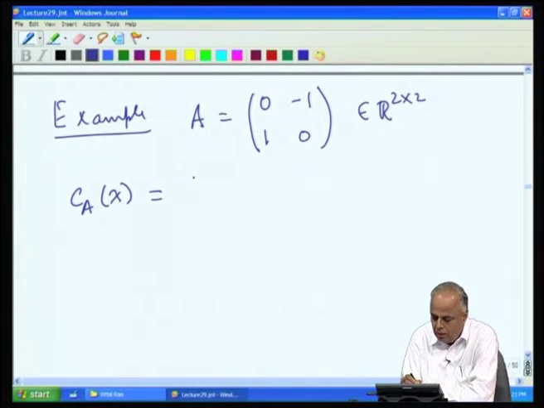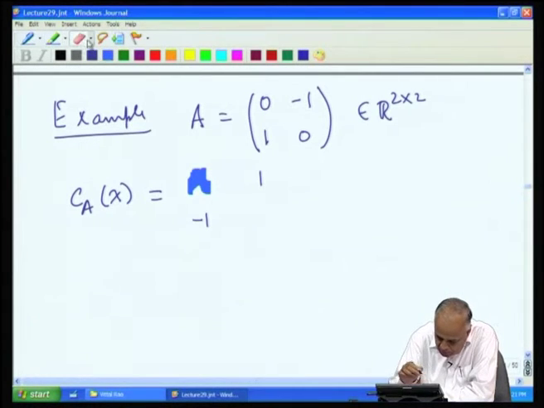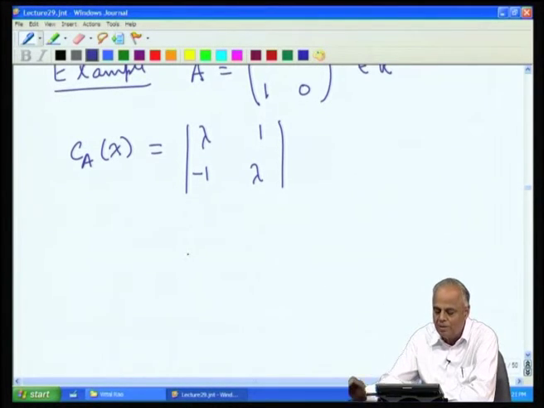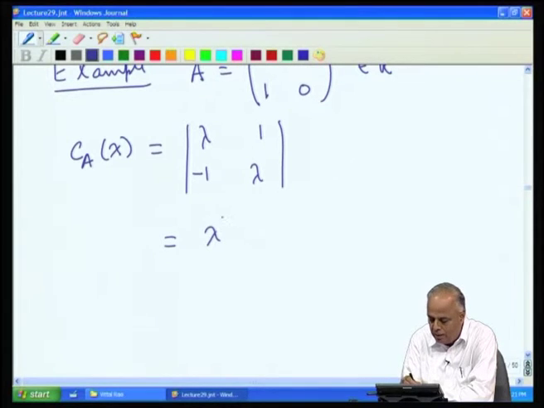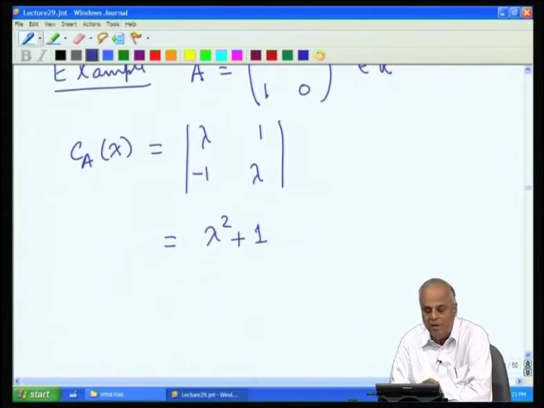So, let us write the characteristic polynomial. Negate the matrix and then stick a lambda along the diagonal. When you expand this, you get lambda squared plus 1. Now, what are the eigenvalues?